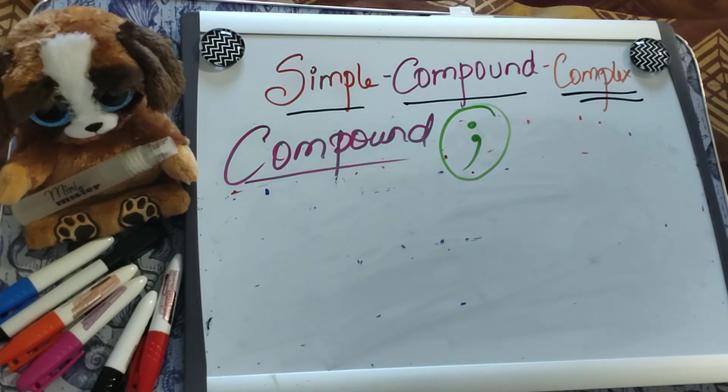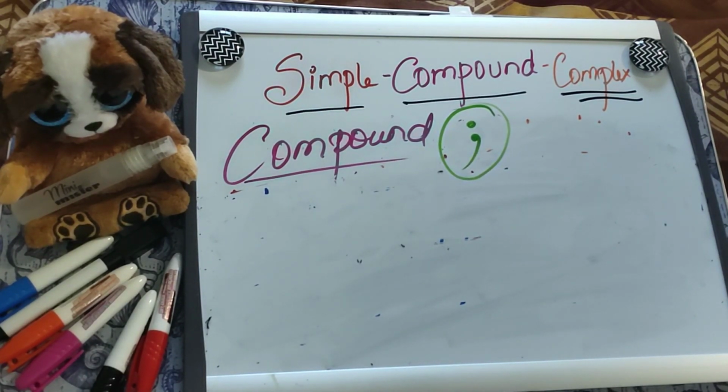So even if you are not using fanboys or any of those conjunctions, a semicolon between two independent clauses can transform that sentence into a compound sentence. That's just a tip that I want to let you know.